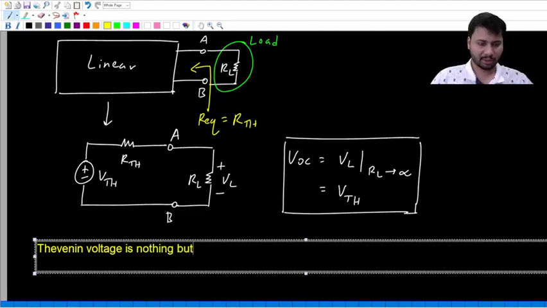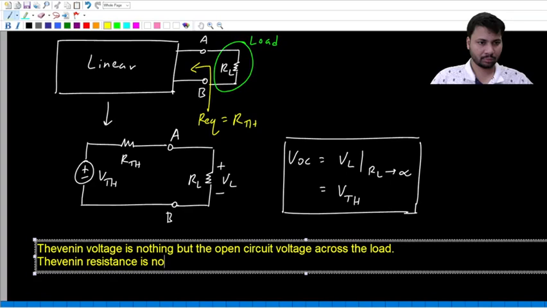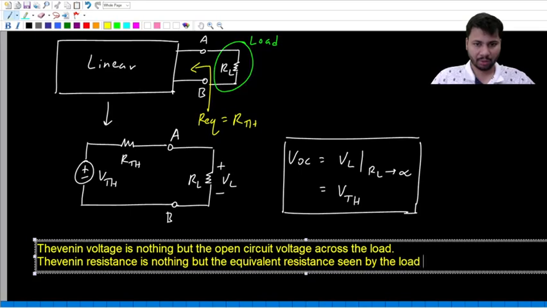Thevenin voltage is nothing but the open circuit voltage across the load, and Thevenin resistance is nothing but the equivalent resistance seen by the load looking into the network.